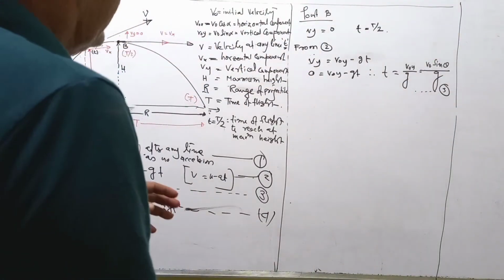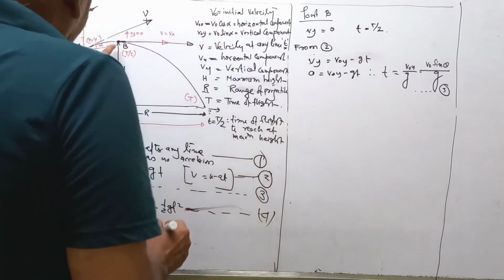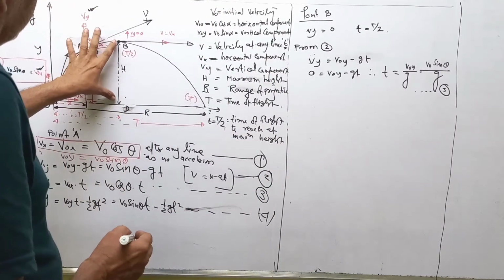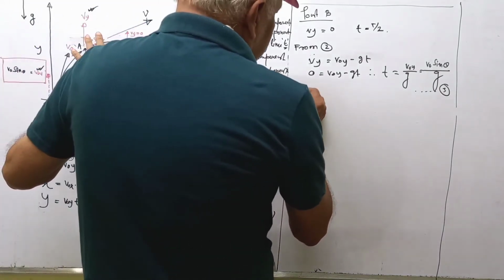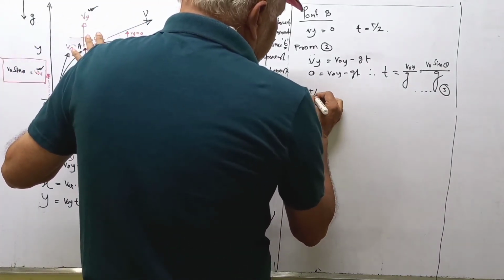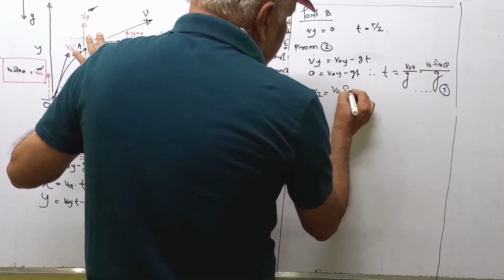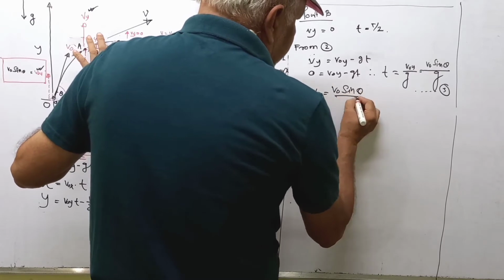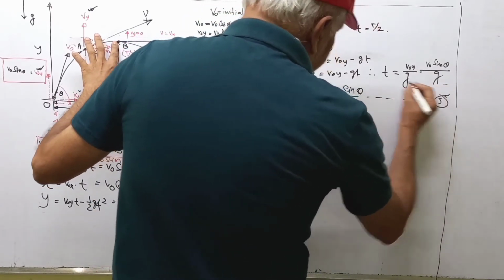Next you see here, already at point B we have got time t by 2 equal to v0 sin theta by g. That is equation number 5.